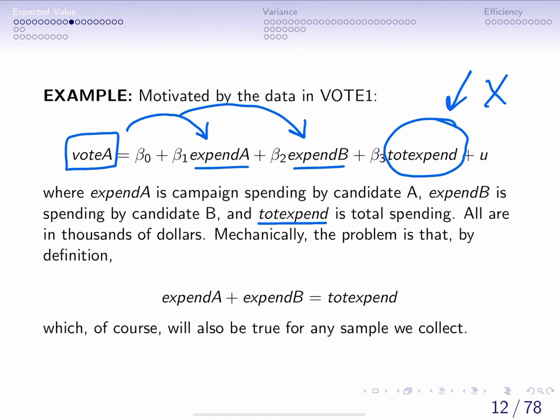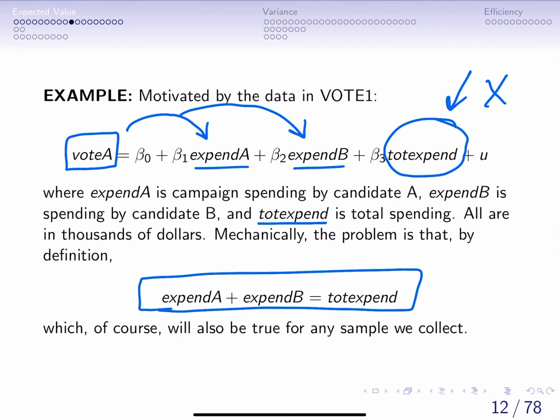One variable out of these 3 needs to be dropped because a perfectly linear relationship holds between these 3 variables. So you want to introduce 2, but not all 3. This is going to violate MLR3.